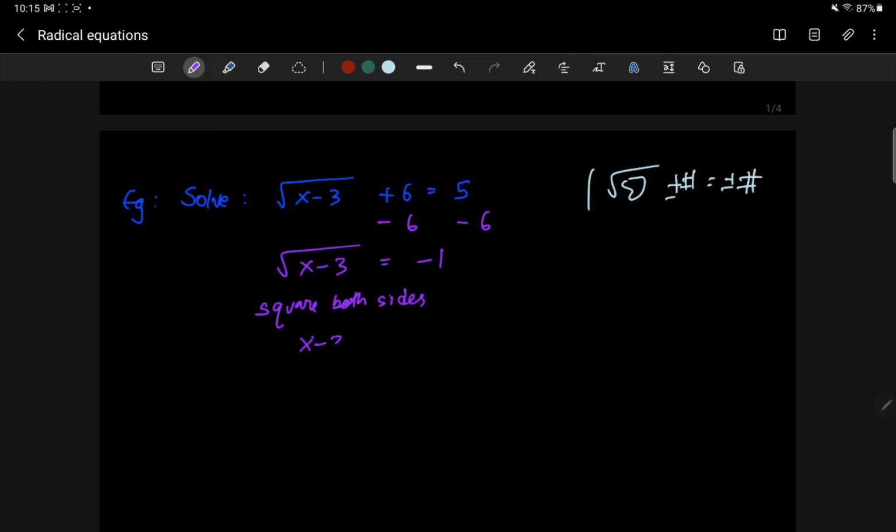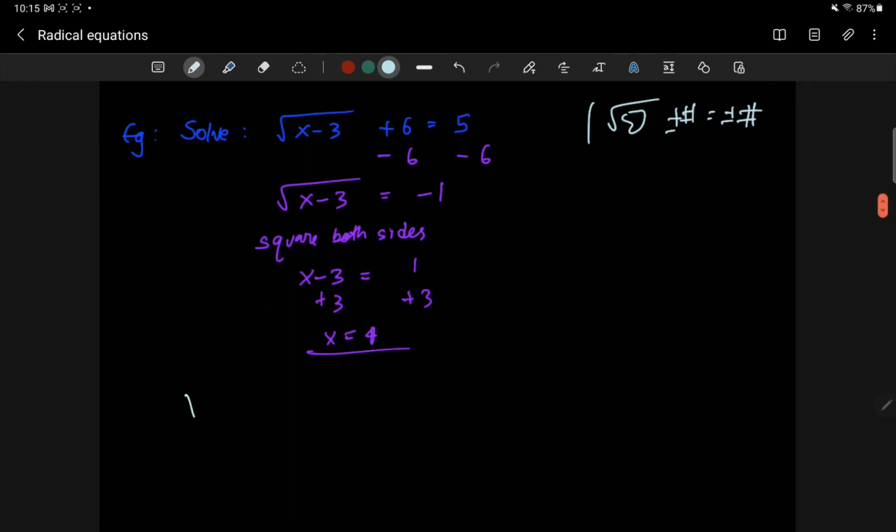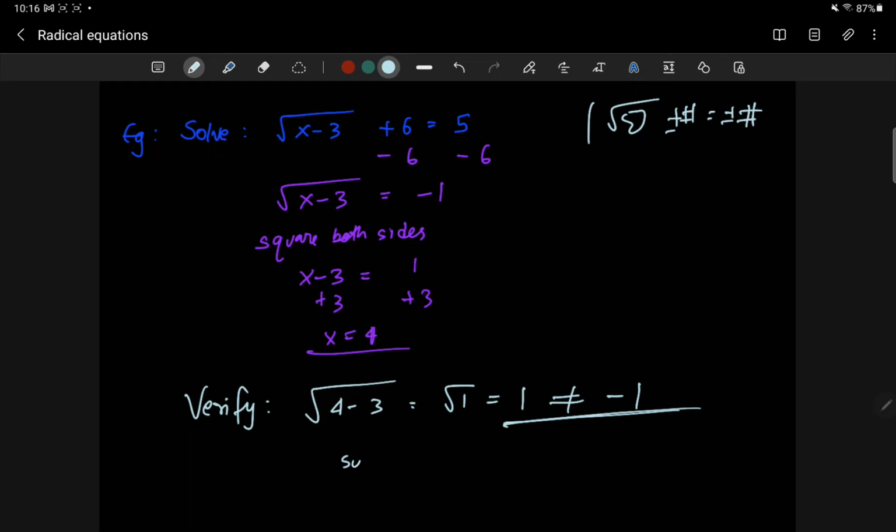So that comes out to x minus 3 is 1, because negative 1 squared is positive 1. Plus 3 gives me x equals 4. However, I still need to verify. So to verify, I plug in 4. Square root of 1 is 1, which is not equal to negative 1. So there is no solution.